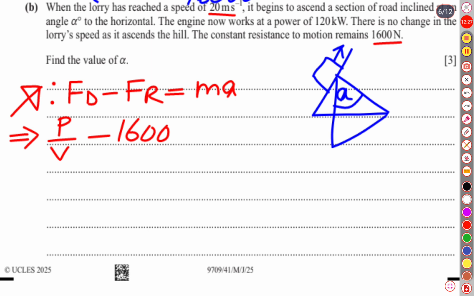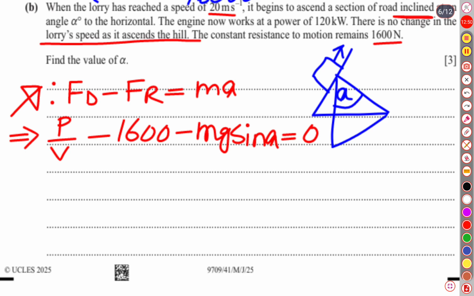We cannot avoid weight, which is mg sine alpha, equal to mass into acceleration. Mass into acceleration is 0. Now you may ask how there can be no acceleration. Look, it is written there is no change in the lorry speed as it ascends the hill. That means it is always at constant speed, so there is no acceleration.